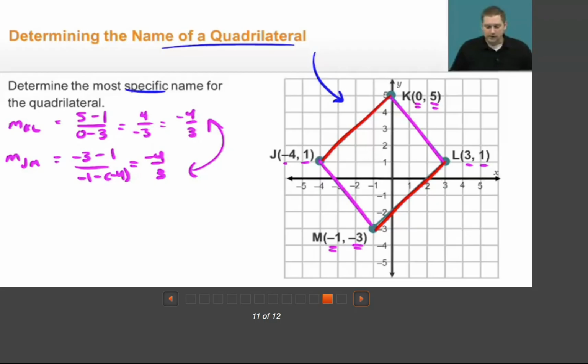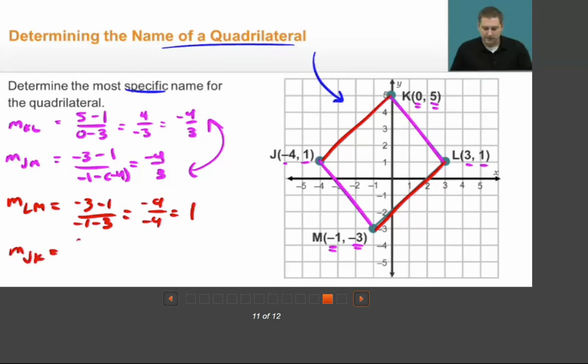Okay, well, doing that, I'm going to take a look at the slope of LM. And so I'm going to take negative 3 minus 1 over negative 1 minus 3. Once again, make sure you use that slope formula correctly. I'm going to get negative 4 over negative 4. Well, that equals a positive 1. What about the slope of JK?